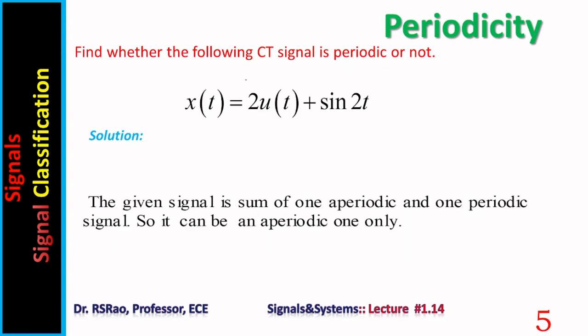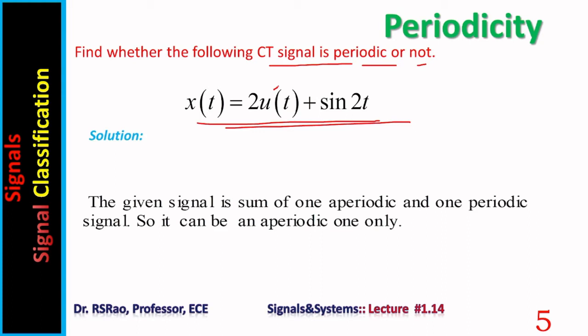Another problem, find whether the following CT signal is periodic or not. x of t equal to 2 u of t plus sine 2t. This is the given signal. u of t stands for unit step. Unit step is not a periodic one.